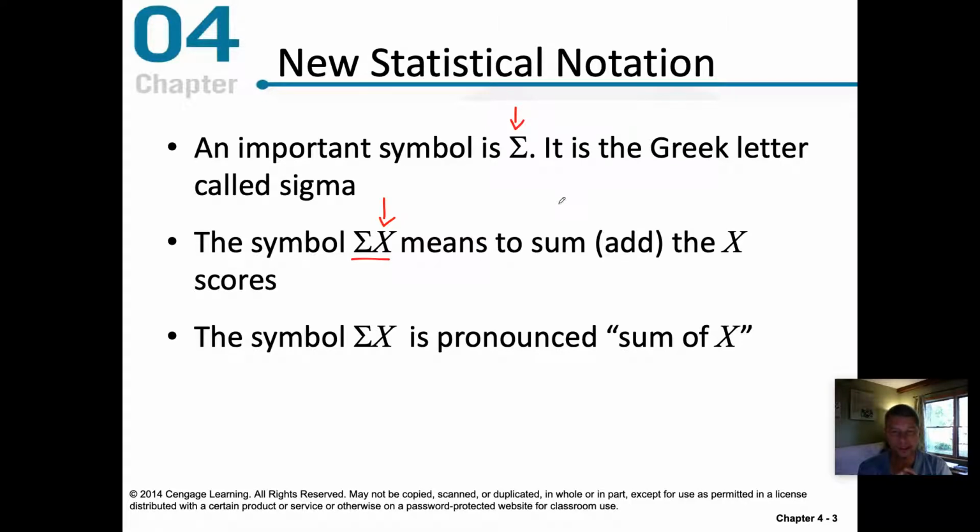Sigma x is simply the sum of all of the x scores, and you pronounce this symbol as "the sum of x," because sigma means "the sum of."